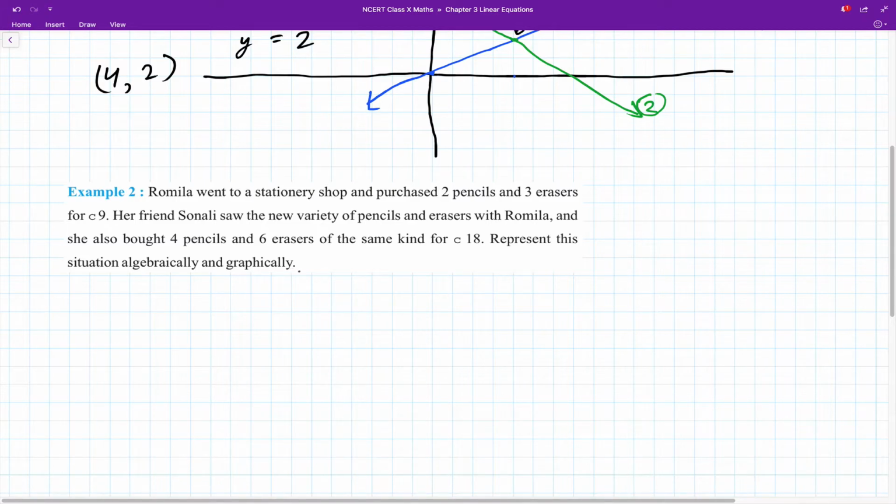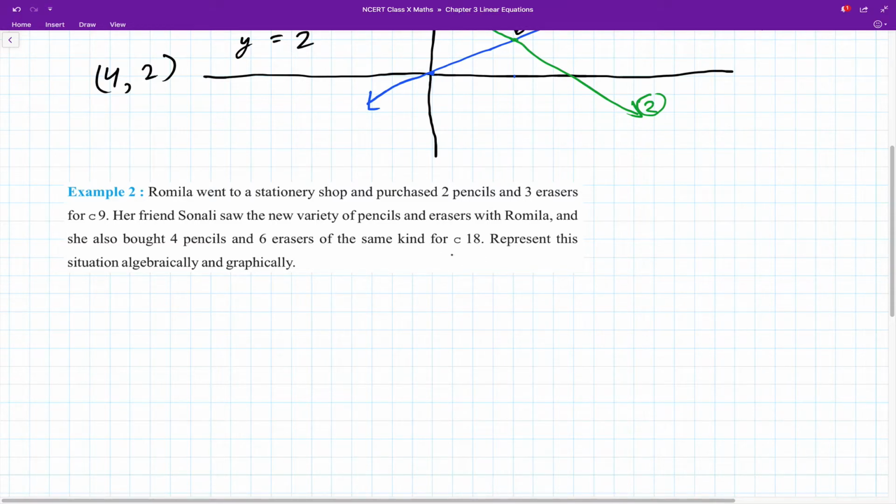So just think about this in your mind. There are 2 friends, Romila and Sonali. They went to a shop. Romila bought 2 pencils and 3 erasers, and the cost for her was 9 rupees. Her friend Sonali also bought 4 pencils and 6 erasers, and she had to pay 18 rupees.